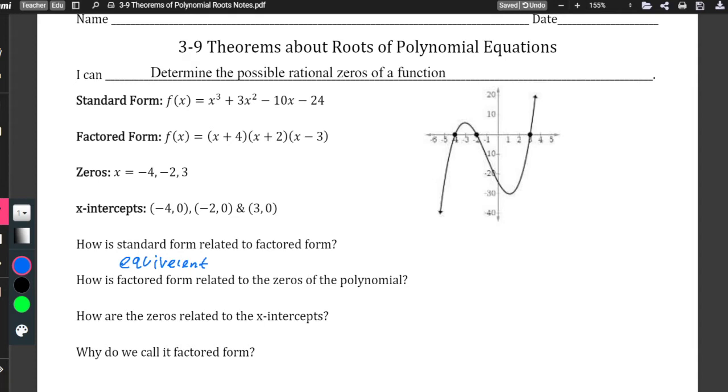So how is the factored form related to the zeros? Well, the factored form shows our roots, or the roots of the function. And how do our zeros relate to our x-intercepts? Well, you can see our zeros are just the x-coordinate, or x value, of our intercepts.